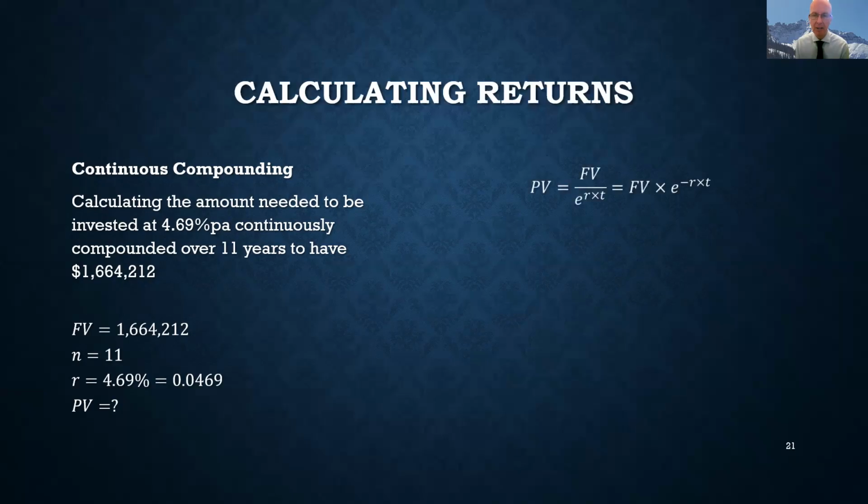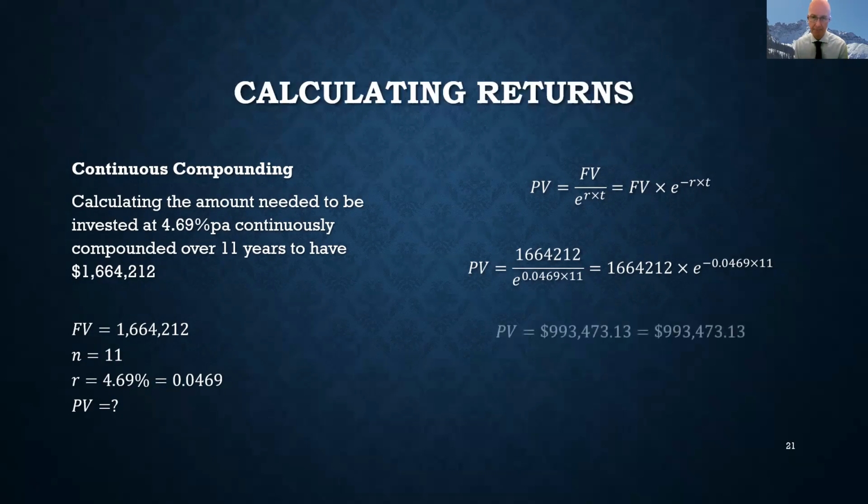If we write out the equation, present value equals the future value over e raised to the power of RT, which also equals FV times e to the minus RT. I actually have written out both forms of the equation, and I calculate both just to prove to you that the two are the same. And lo and behold, they are. The present value is $993,473.13. It's the same answer no matter which way you calculate.